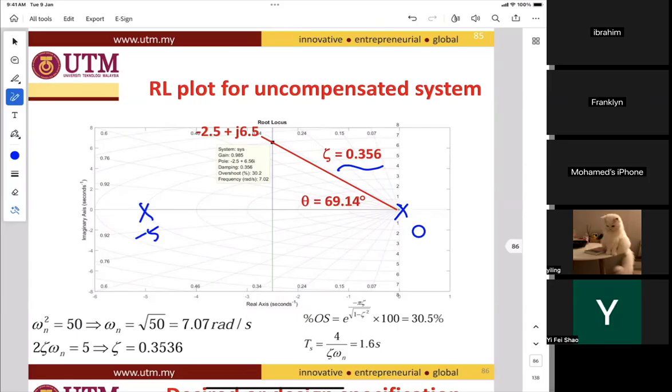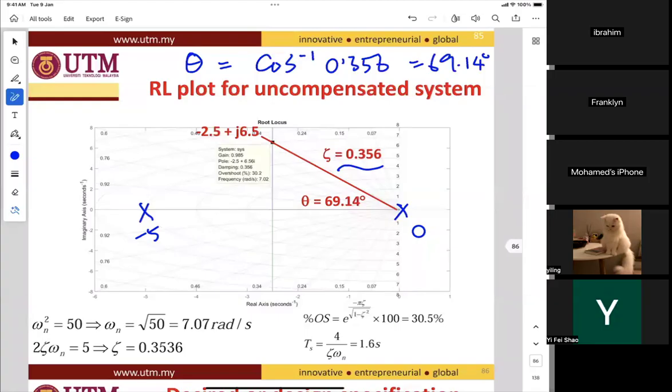Danish Qayyim, how do you get theta? Cos inverse of zeta. Okay, 69.14.